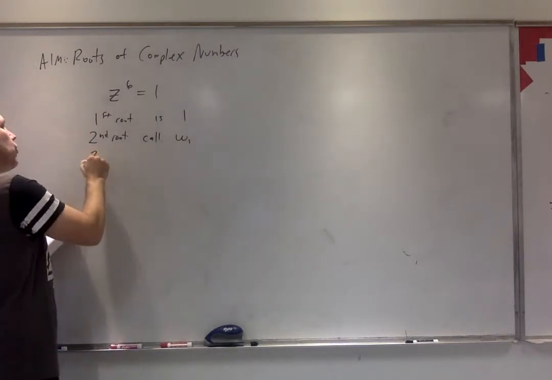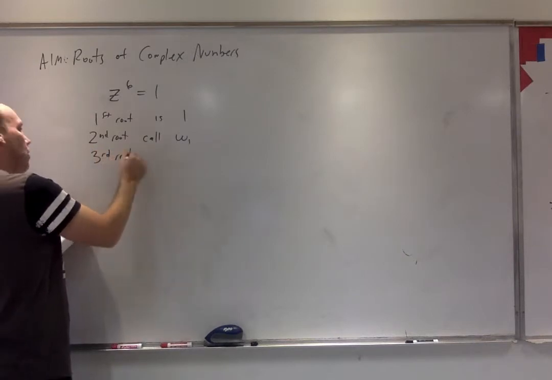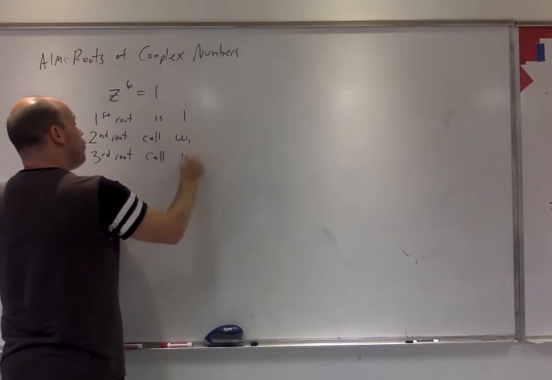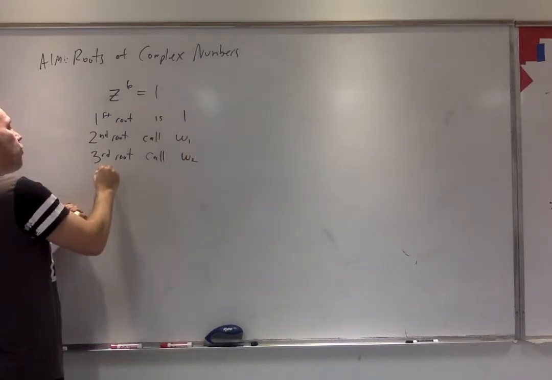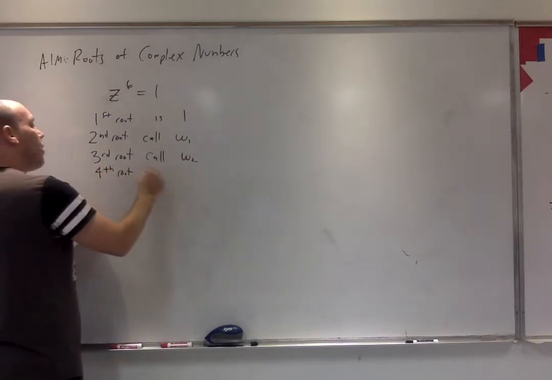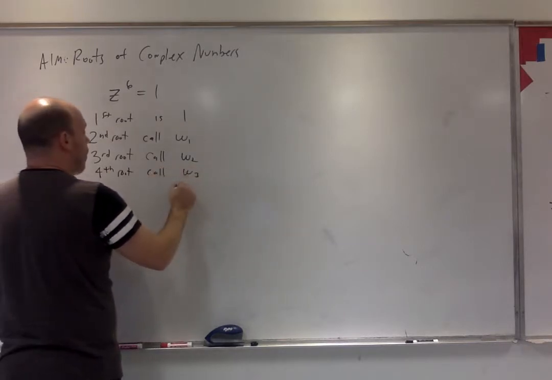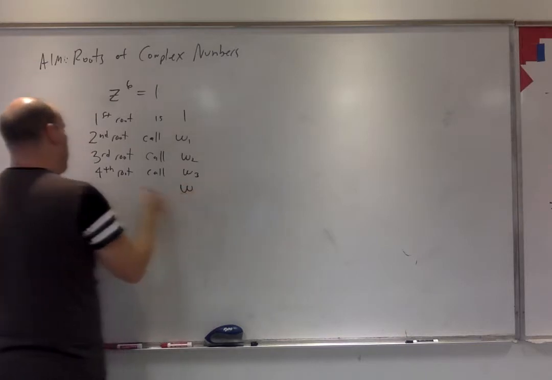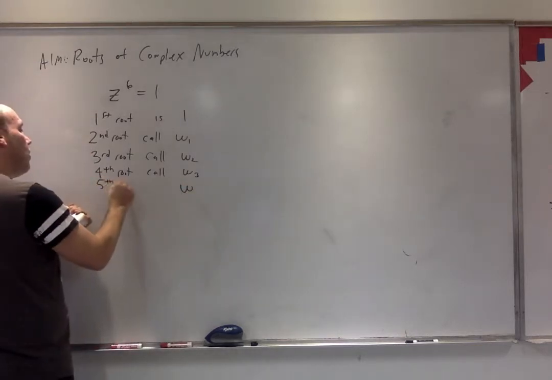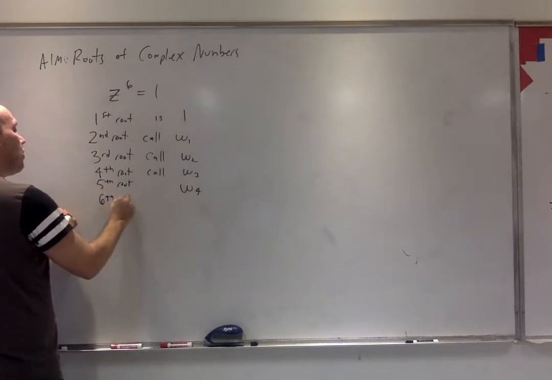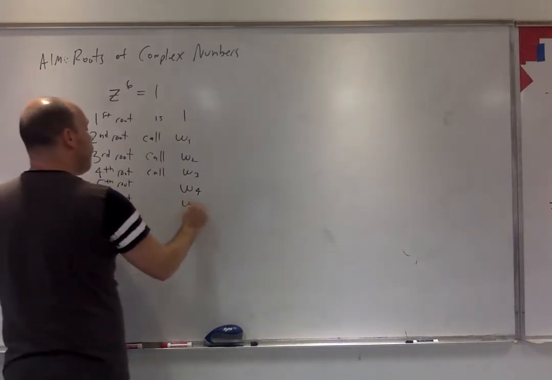And then the third root they're going to call W2. The fourth root, they're going to call W3, and then so on and so forth. The fifth root, they're going to call W4, and the sixth root, they're going to call W5.